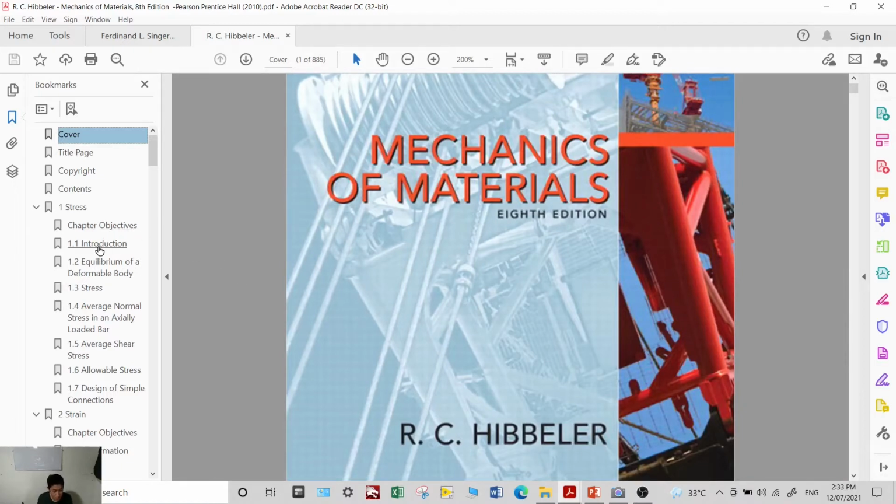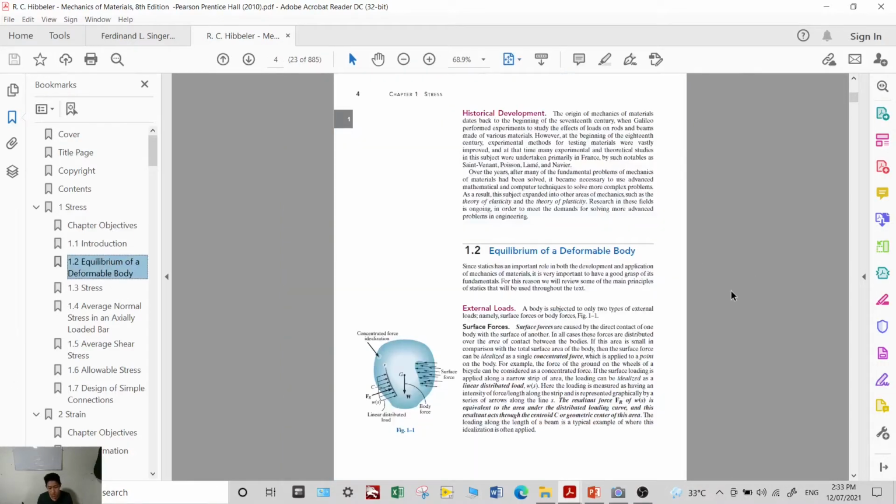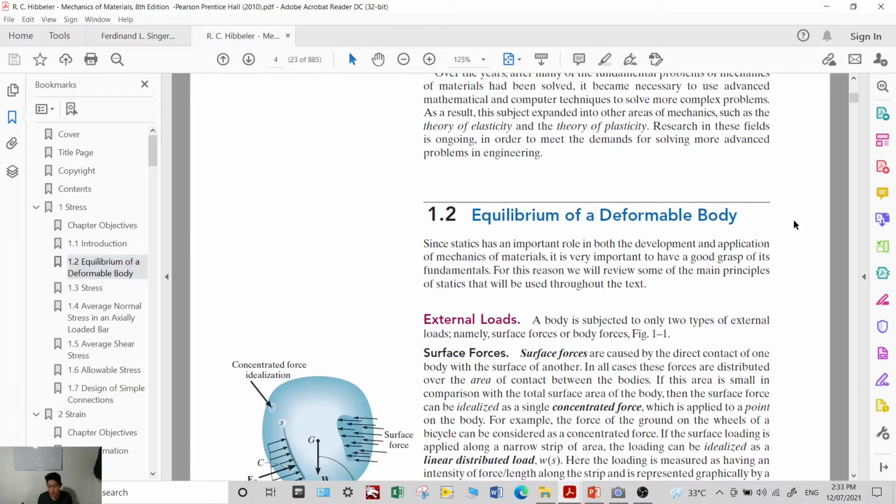In chapter 1, we have some introductory concepts and also the concepts that we need for this subject. First, you must already have finished your ENS 161 or statics of rigid bodies. What did you learn in statics of rigid bodies?